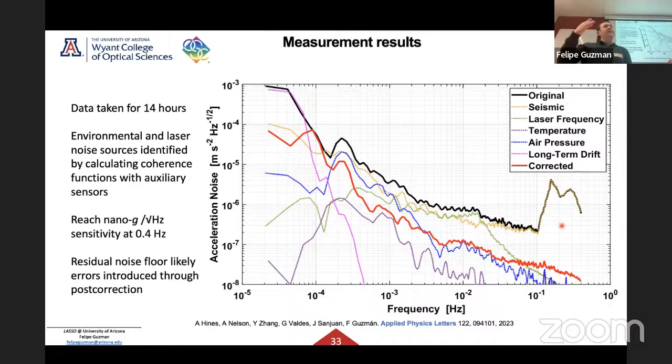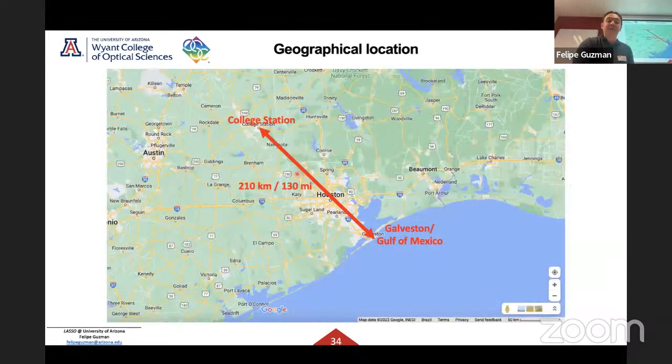So if you picture yourself there on the beach, those crashes come at a period of, you know, a second to maybe 10 seconds. And that's exactly this. Now, we were not expecting to observe that because we're 210 kilometers away from the coast in Texas.